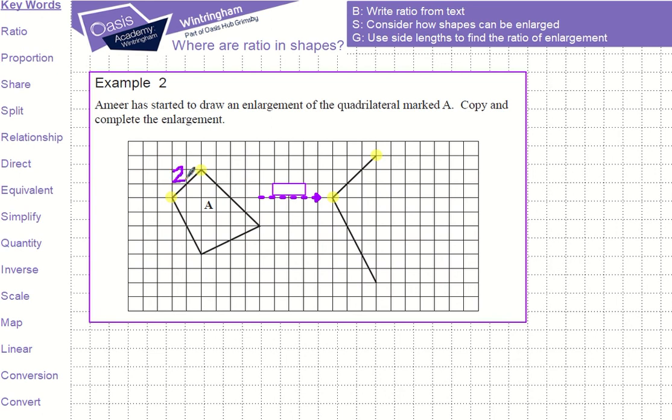It goes through two squares diagonally. Here, 1, 2, 3. Goes through three squares diagonally. What do you multiply 2 by to get to 3? And the answer for that is 1.5. So all of these have been 1.5 times bigger.